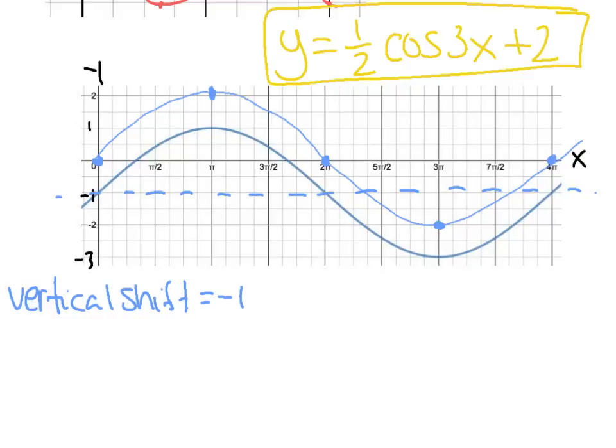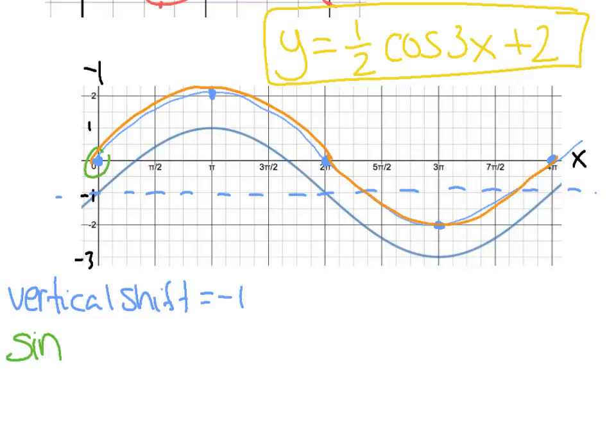Now I know that this is going to be a sine graph. And I know this because without that vertical shift, it starts at 0. Now let's talk about the period. If I start at 0 and I go to 2 pi, remember the period is how long it takes for one segment.